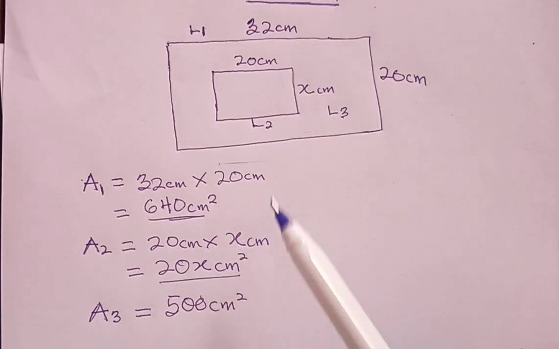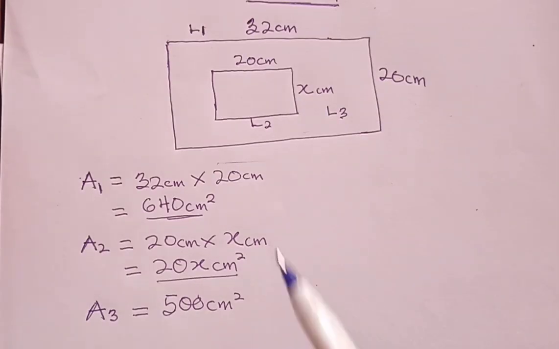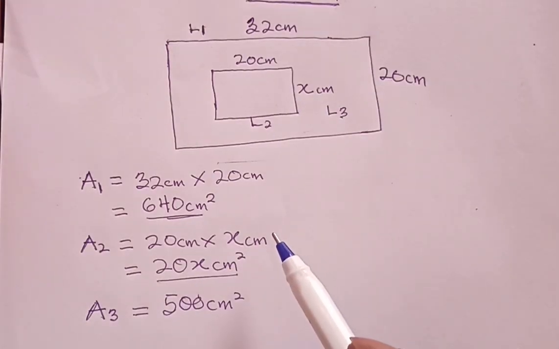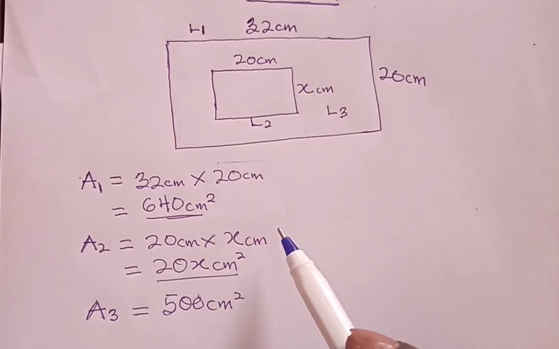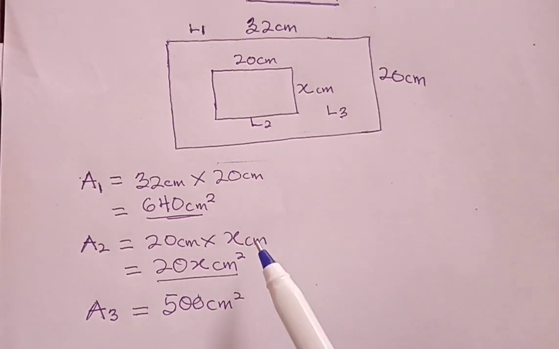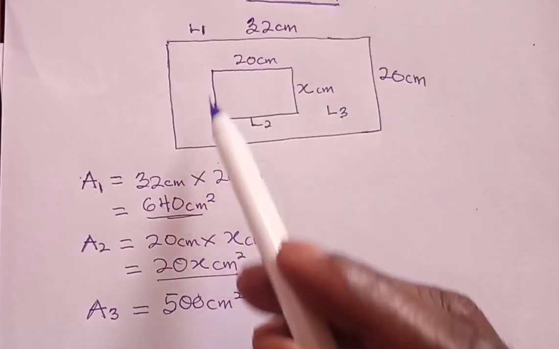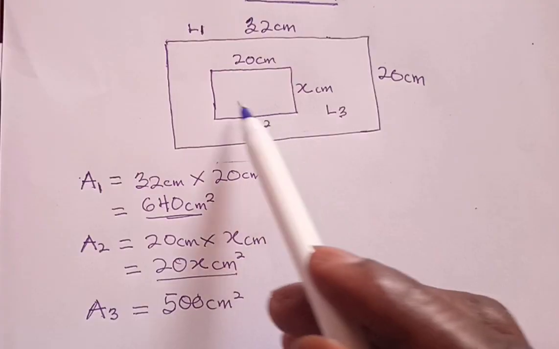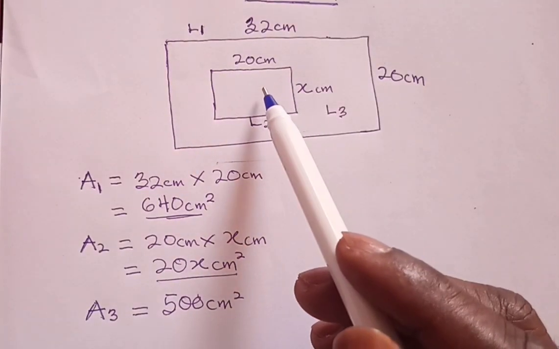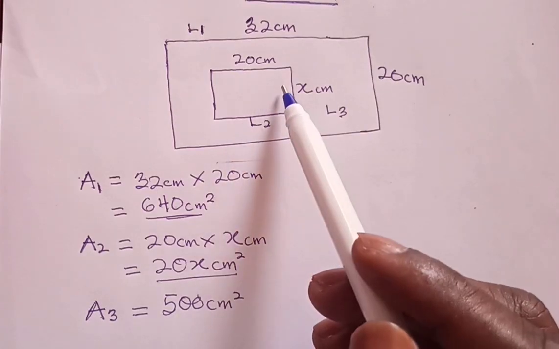Have you gotten that? So if I want to get the area for the whole plot, the only thing I will do is add the area of the portions used.